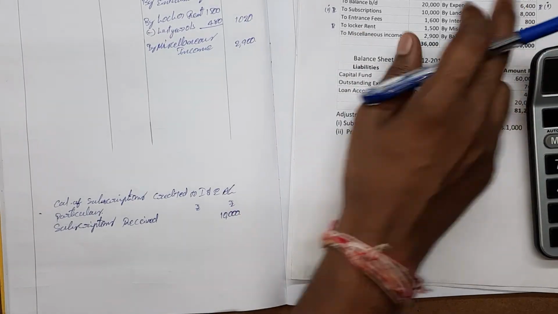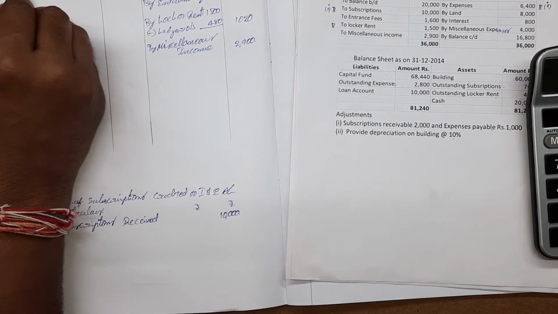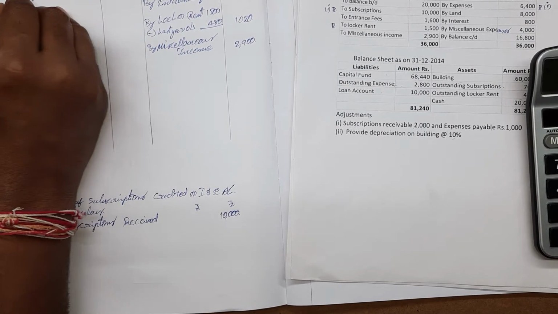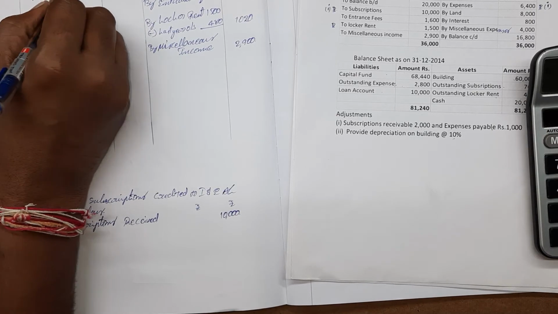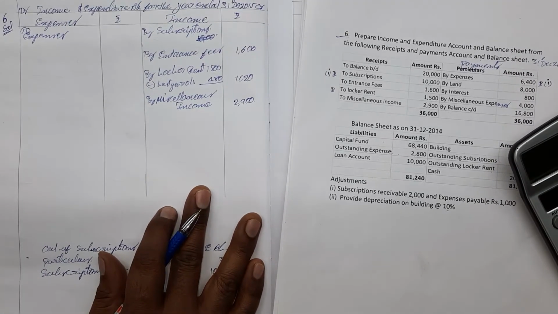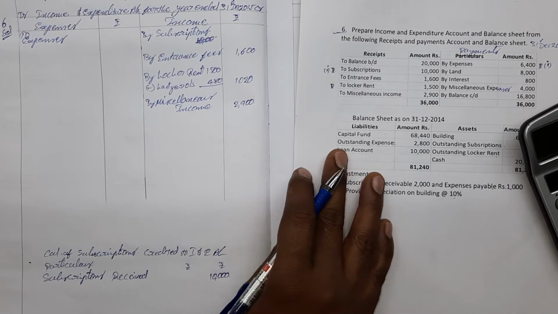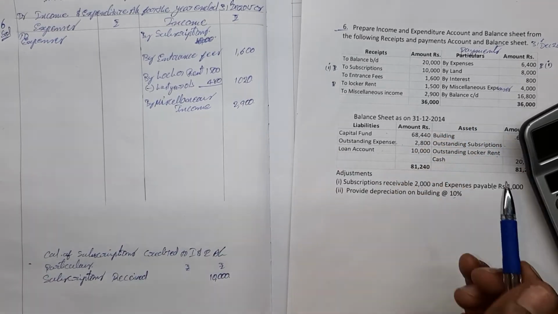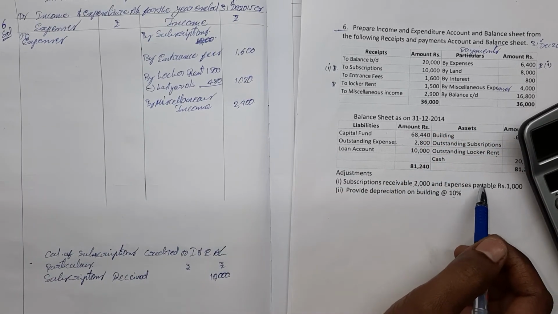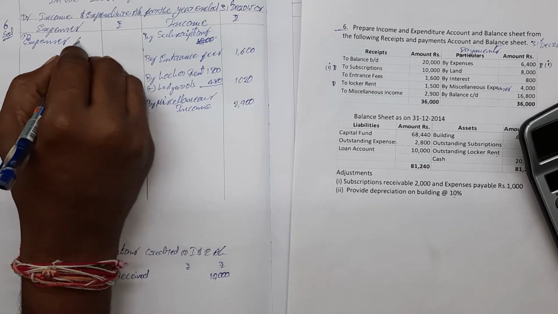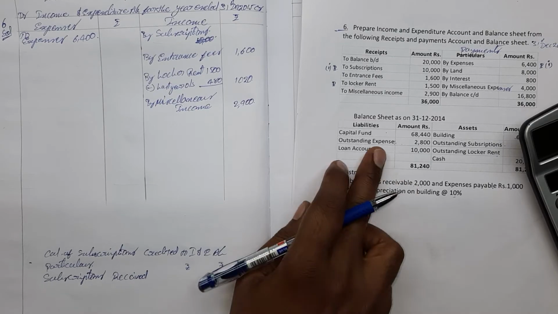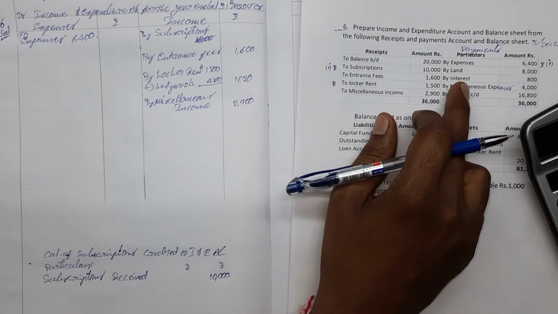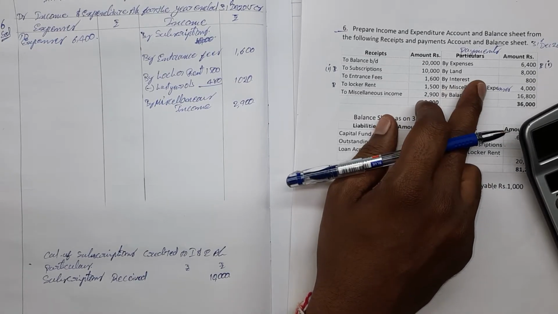Next, all receipts are completed. Now if you come to payments, that is expenses. The expense amount has an adjustment, 6400. So this 6400 should be adjusted for all those adjustments. Next one is land.